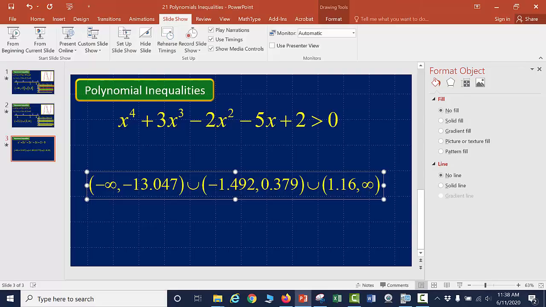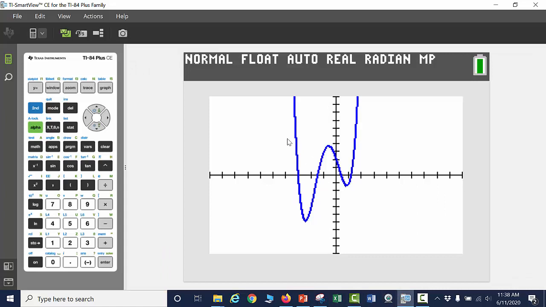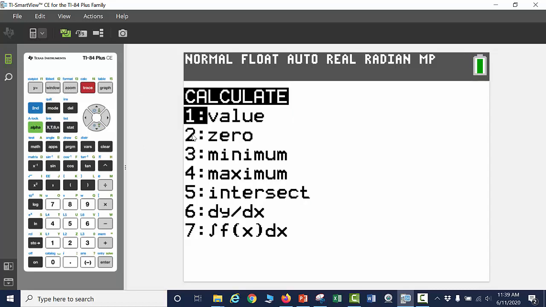Now, let's look at how we would perform this operation with the calculator. So here I've graphed the function. Okay, here it is. And the question is, how do we get these x-intercepts? With Desmos it was easy. Well, here's what we do. We're going to go second calc, and we want zeros.